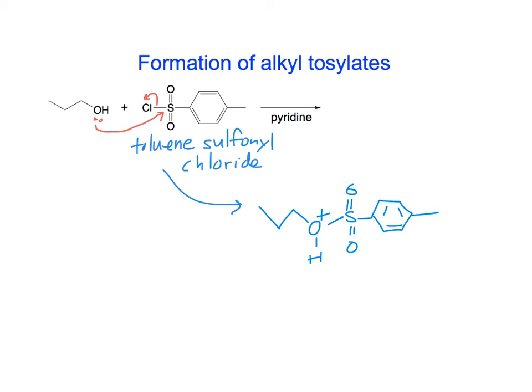It looks like this. And if we just remove that proton with pyridine, we generate our alkyl tosylate.